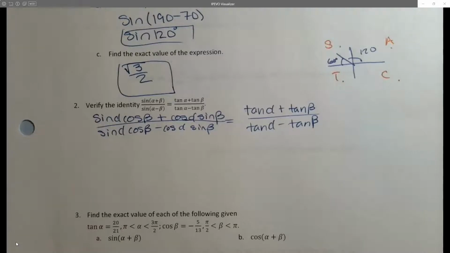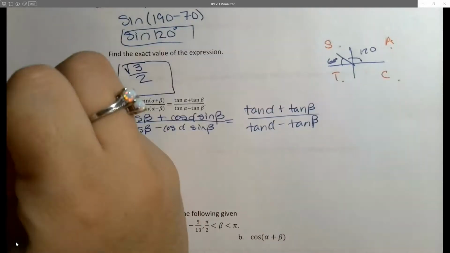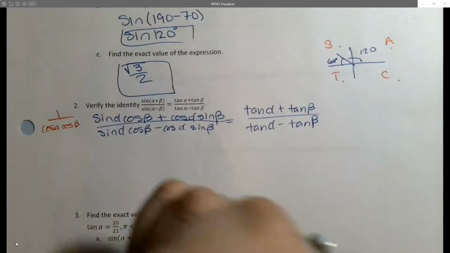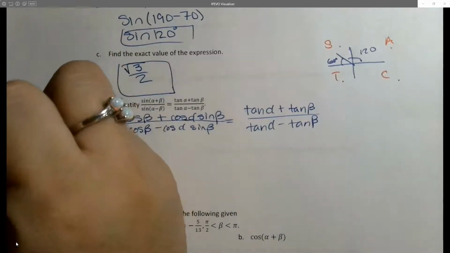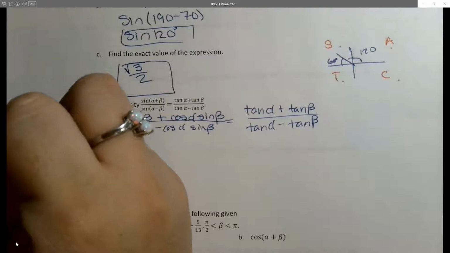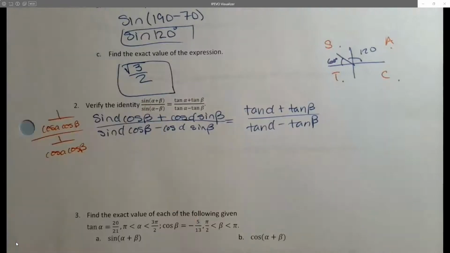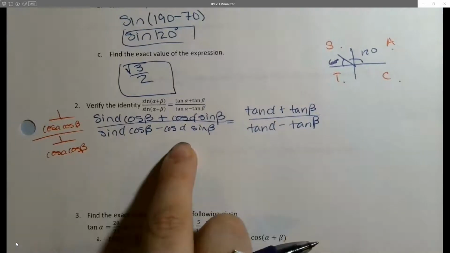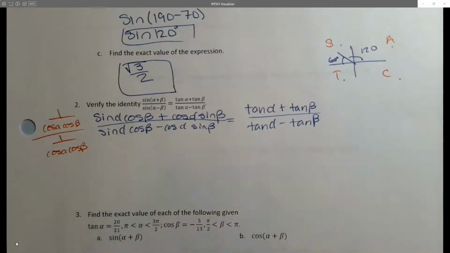So what I can do next is multiply my numerator and denominator by the same fraction, which counts as multiplying them both by 1. So I'm going to multiply by 1 over cosine alpha cosine beta, and this is just to get tangents in there. And this is all over 1 over cosine alpha cosine beta. So my numerator is going to get multiplied by this fraction, and my denominator on the left side is going to get multiplied by this fraction.